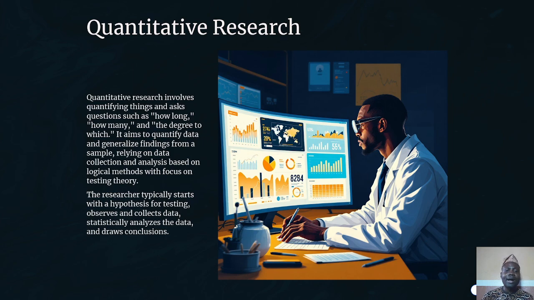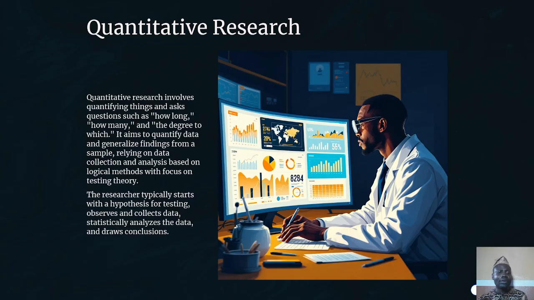This particular approach involves quantifying things and asking questions such as how long, how many, the degree to which.